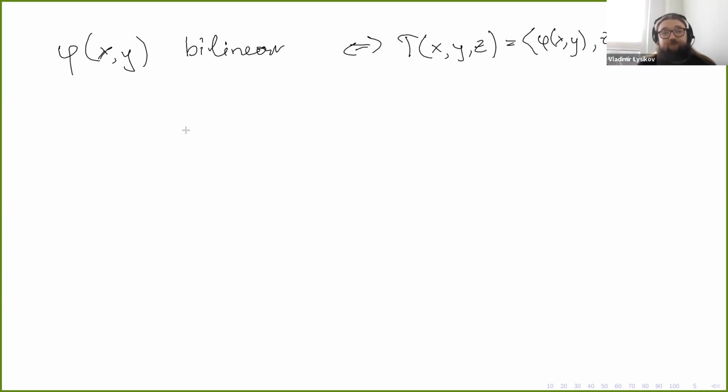Now, the computational problem is we want to compute the value of this bilinear map phi on given input x and y. And we want to compute it using algebraic circuits. So algebraic circuits are circuits, so directed acyclic graphs and so on. The inputs are coordinates of x or coordinates of y.